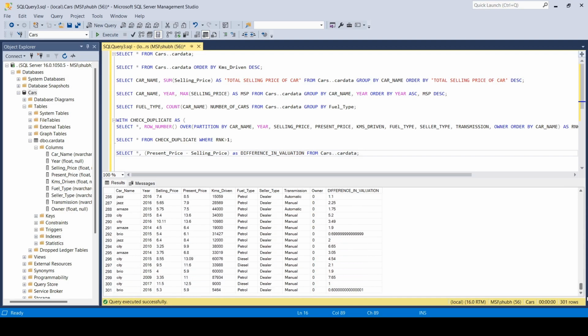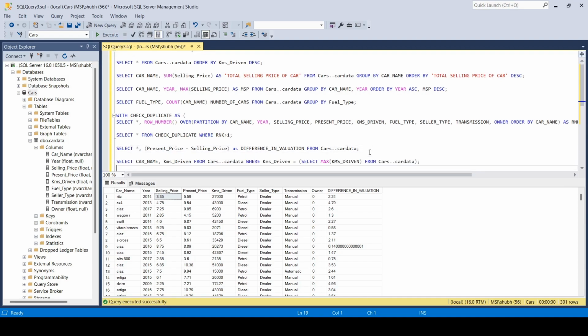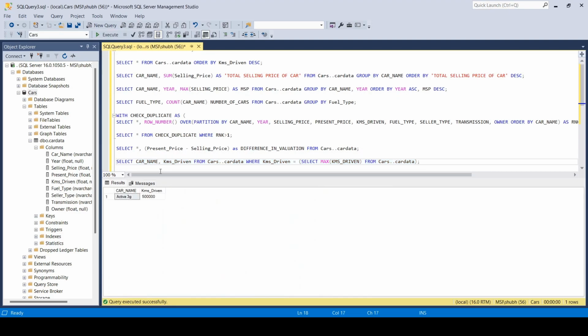All cars are costlier now. We can see this.